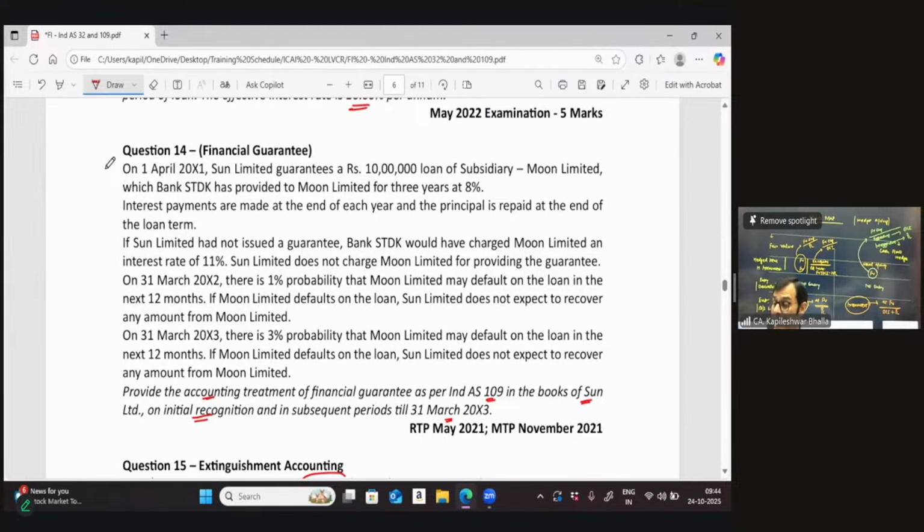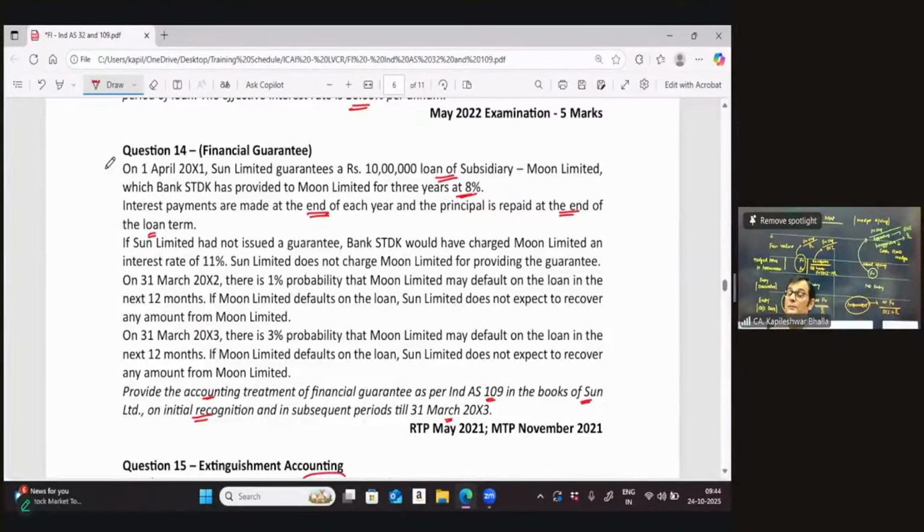Now let's read the facts of the case. It says on 1st April X1, Sun guarantees a loan of a subsidiary that is given to Moon, which the bank provided Moon for 3 years at the rate of 8%. The interest payments are made at the end of each year, and the principal is repaid at the end of the term loan.